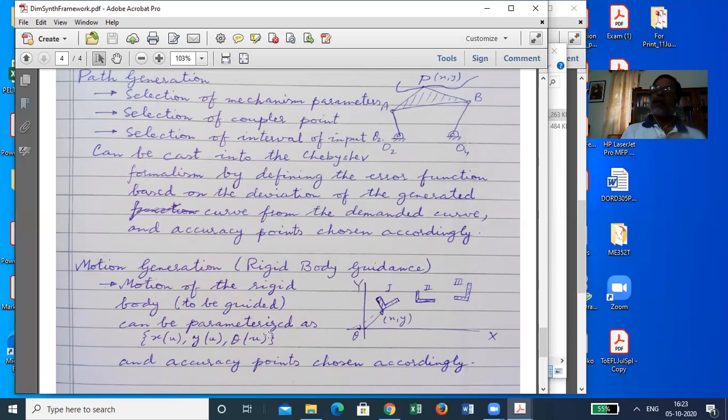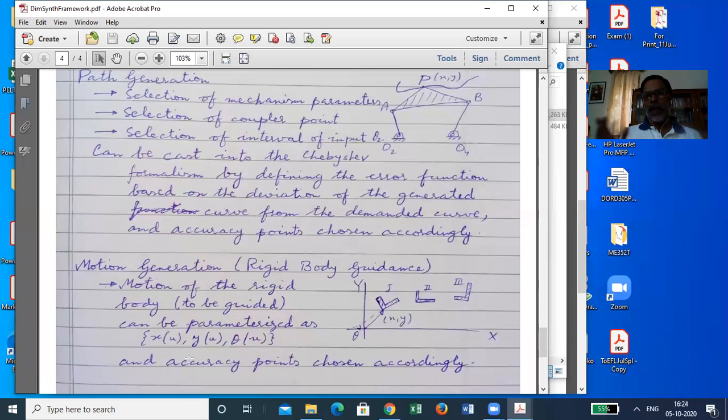The problem has directly been put in the function generation arena, except that here there are quite a few scalar functions, it's a vector function. But then the error you can work out. Okay, error in x and error in y and error in theta together you put as error at this particular configuration.